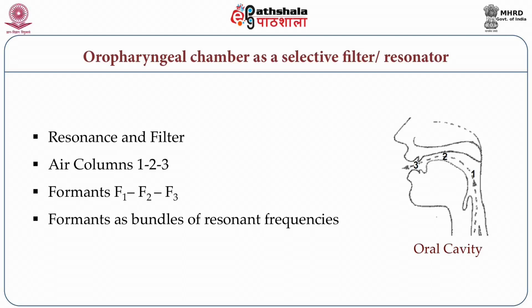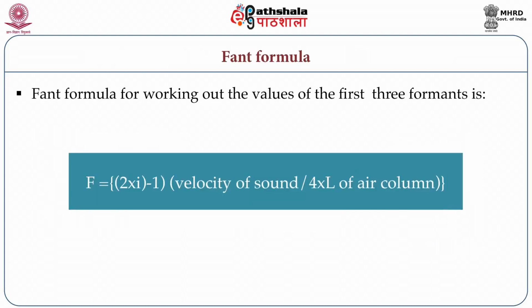F1, F2, F3 formants are bundles of frequencies which resonate in the air column as the phonated airstream passes through the oropharyngeal chamber. For this, we had earlier mentioned that Gunnar Fant worked out a formula for getting the values of the 3 formants. The formula is as stated here.